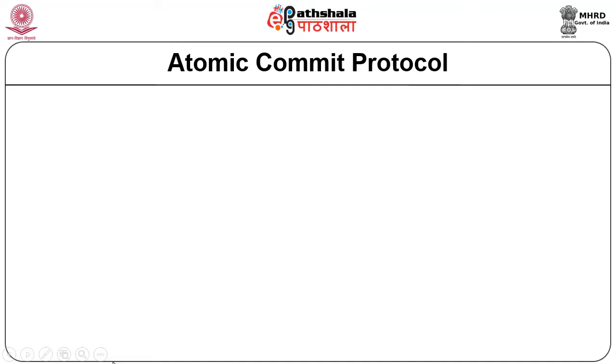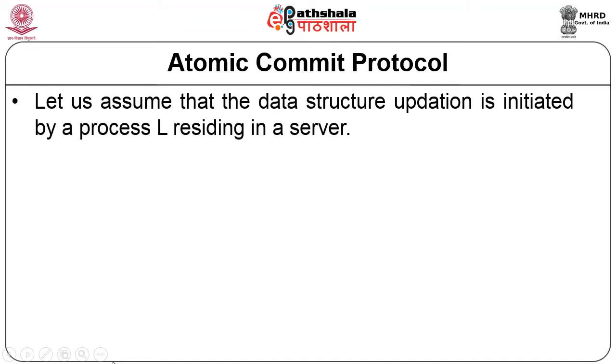So, what do we have in an atomic commit protocol? Let us assume that this data structure that requires updating is being initiated by some specific process. It could be the client also, residing in one of the machines. Maybe it could be initiated by another server.